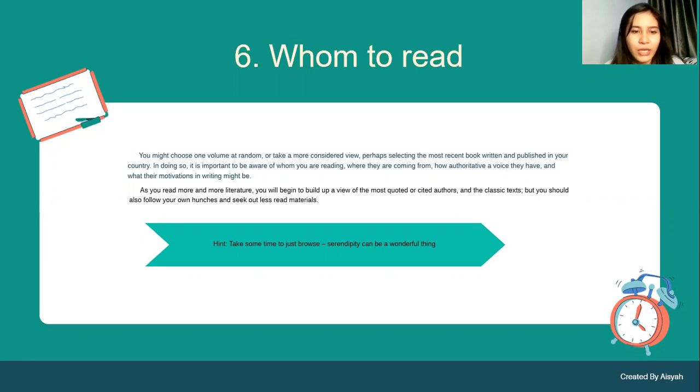As you read more and more literature, you will begin to build up a view of the most quoted or cited authors and the classic texts, but you should also follow your own hunches and seek out less read material. Hence, take some time to just browse. Serendipity can be a wonderful thing.